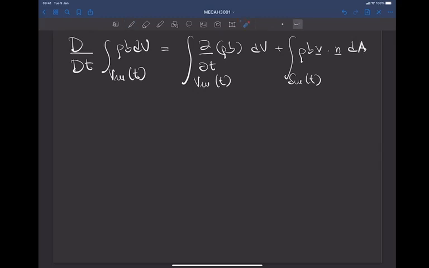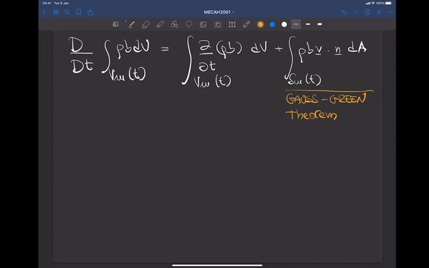So what we are going to do with this formula here is that we are focusing on this term that you see here. In particular, we are going to use the Gauss-Green theorem to express this surface integral as a volume integral.